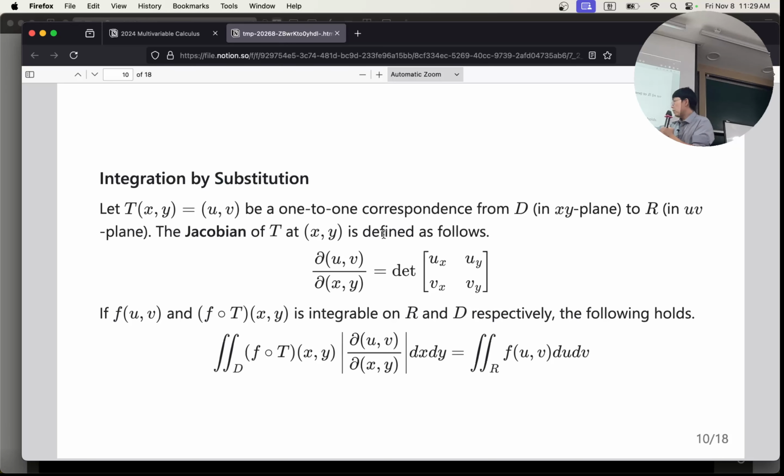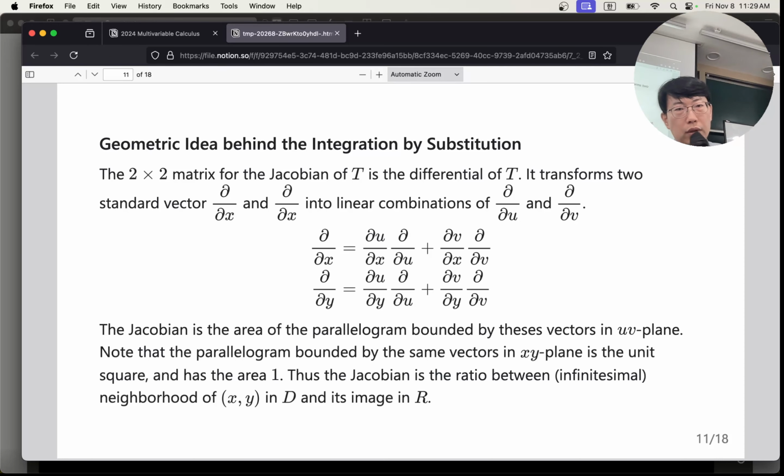So these two functions are the same function, simply changing the perspective of how you get the value. But just changing the variable, changing the expression, is not enough to make the same integral. You need to multiply by some factor to make it the same. So what does that factor do?